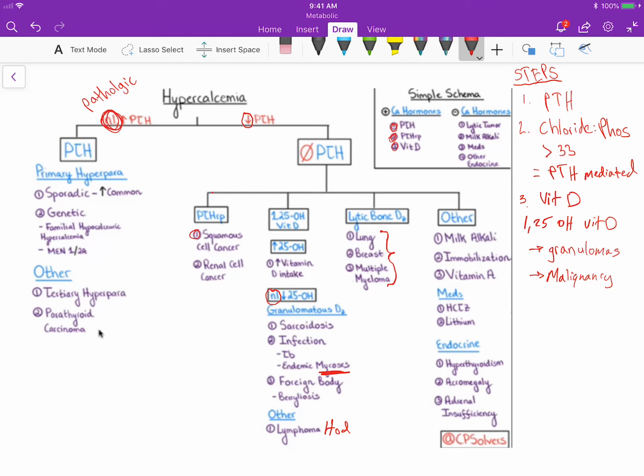But let's see here. Let's just do this. Let's create another box here. Sorry about that. Whoops. Let's create another box here and put increase in bone turnover.